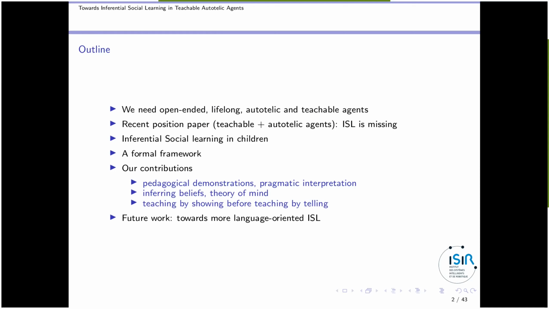Then I will propose a formal framework to account for inferential social learning, and then I will show you a few of our contributions in that domain, so as to exemplify what we can do to improve our agents with these inferential social learning capabilities. And finally, some words about the benefits that we can draw from the large language model achievements on that topic.